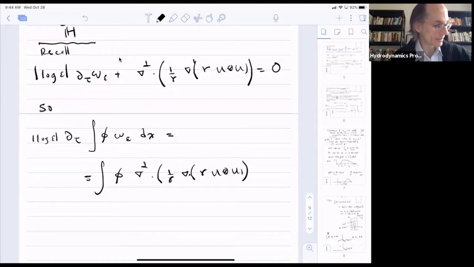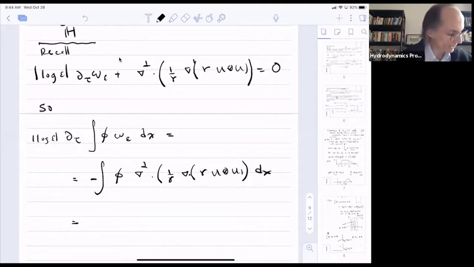And maybe there's a minus sign. dx. And phi is compactly supported, so I can integrate by parts to my heart's content.